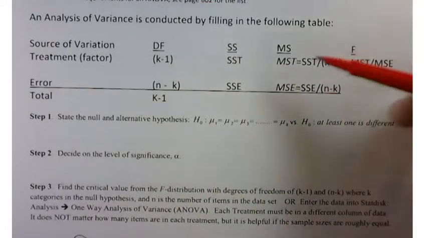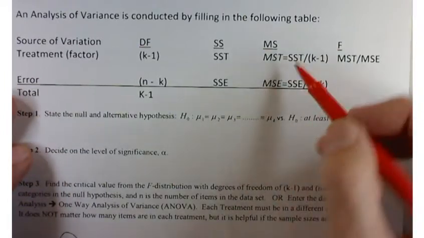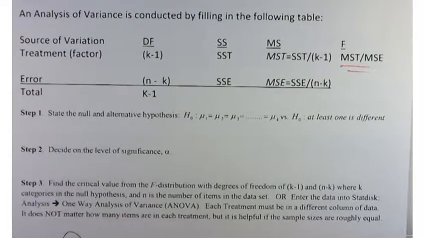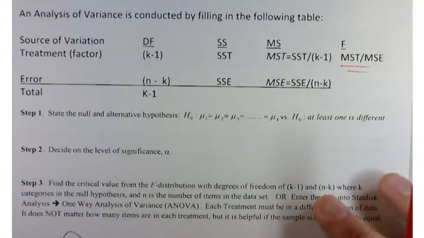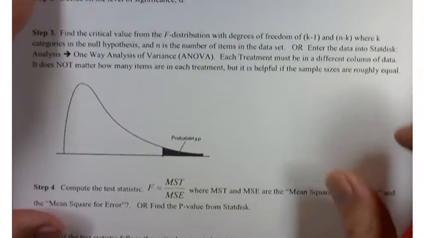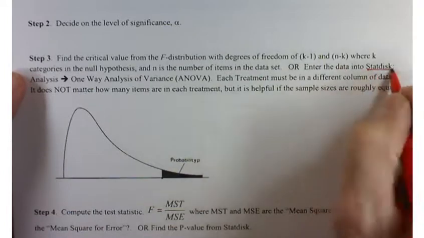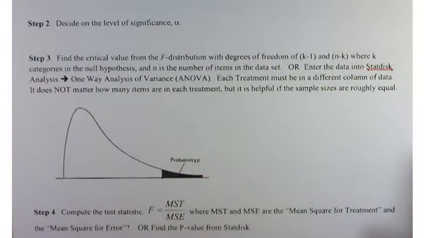Variation within the group and variation outside the group. And then you form a ratio of these two things that gives you what's called an F statistic. We've dealt with the F distribution before, and it comes from the ratio of two chi-square variables. The rest of this is the same. You can see that I've been redoing my handouts a little bit to try and include some stuff on StatCrunch, how you do these. Go to Analysis, One-Way Analysis of Variance.